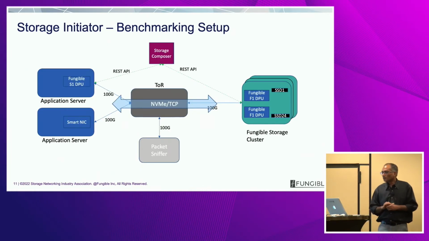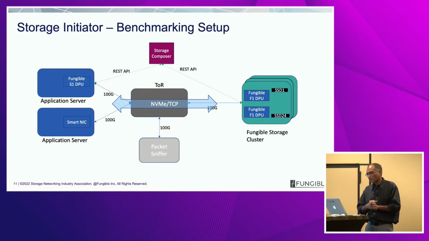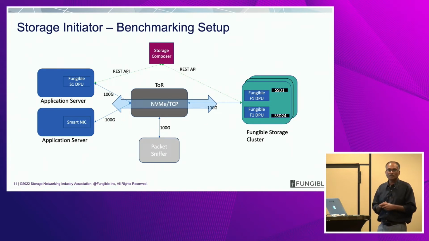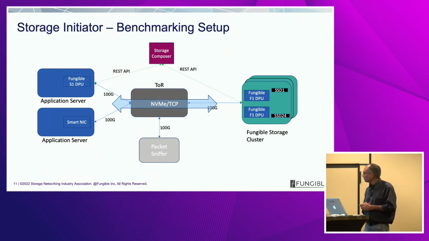Now I'll move on to the benchmarking setup that we have. It's a very simple setup where you have one application server with a smart NIC and another application server with a Fungible S1 DPU platform, right? Then we have the Fungible storage cluster as the storage target.